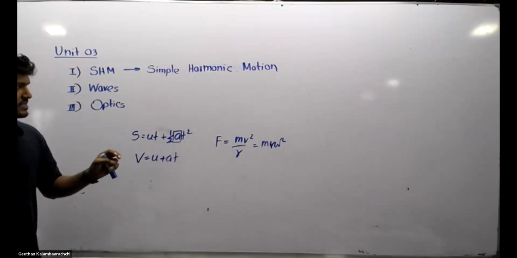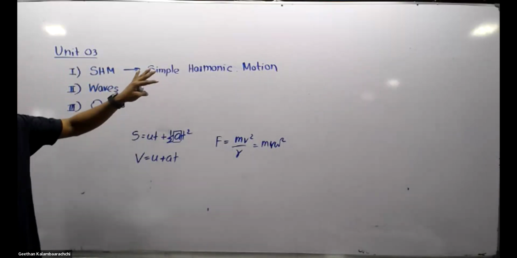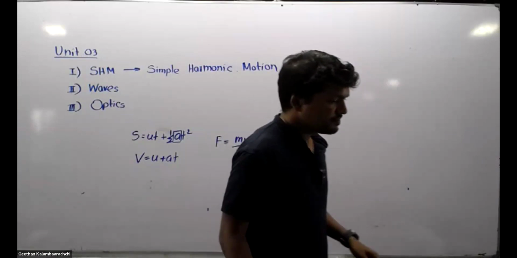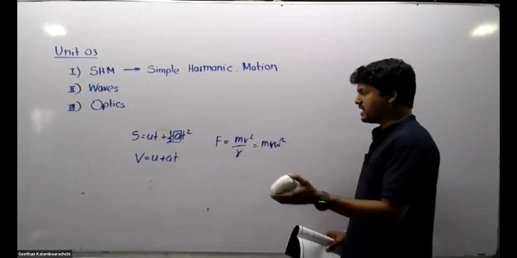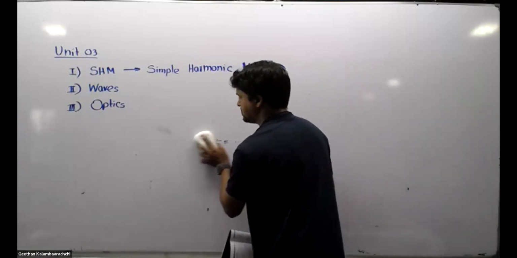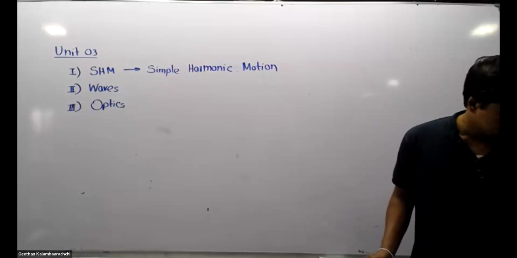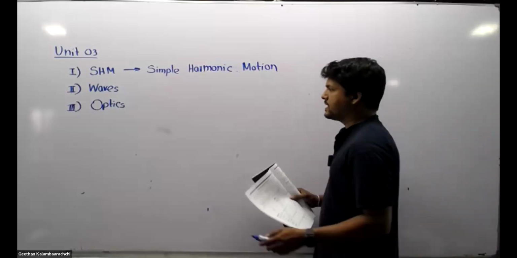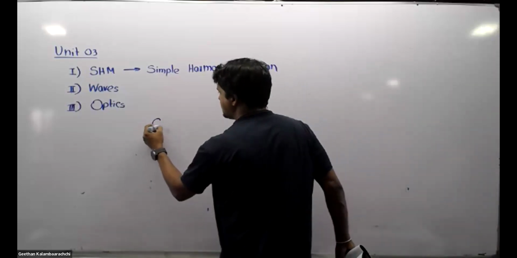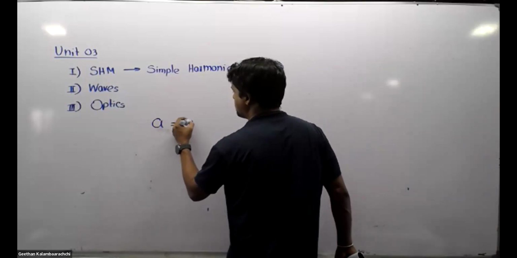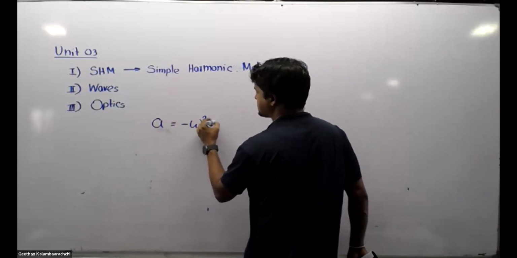Likewise, in simple harmonic motion also you have one equation, right? With that equation you can identify that it's a simple harmonic motion. So I'll tell you the equation first. The equation is a equals minus omega square x.